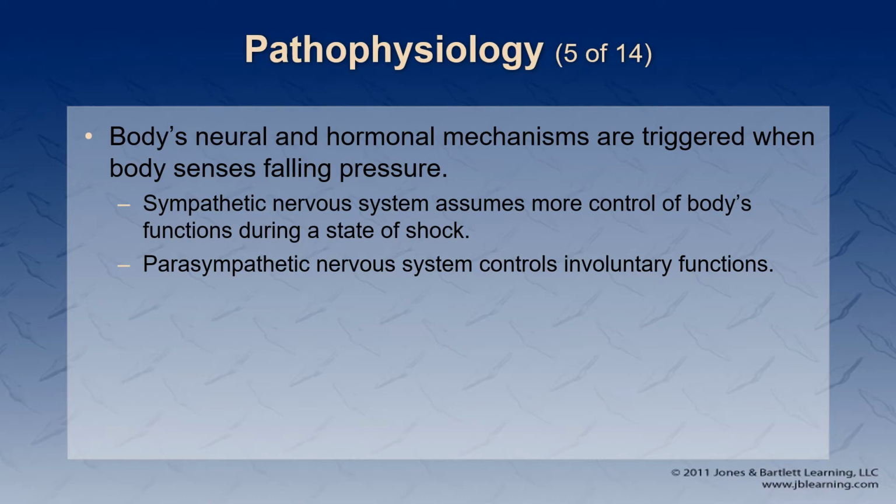Remember the chemoreceptors in your respiratory center in your medulla that regulate your breathing by sensing the pH of the CSF and giving us the hypercarbic drive. So when these mechanisms are tripped or triggered for falling pressure or decreased nutrient delivery, the sympathetic nervous system kicks in and says we need to bring in more oxygen, we need to more effectively deliver nutrients, and we need to ensure that we're delivering to the most vital structures first.